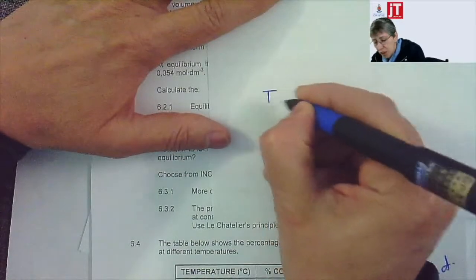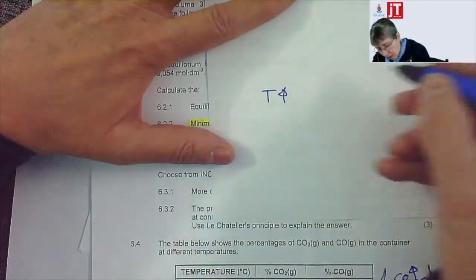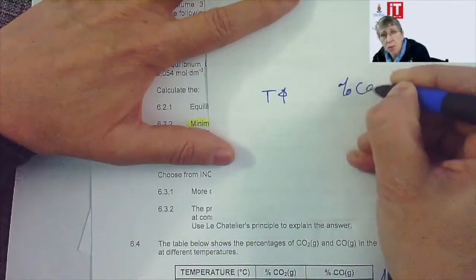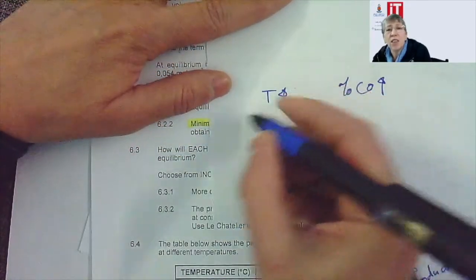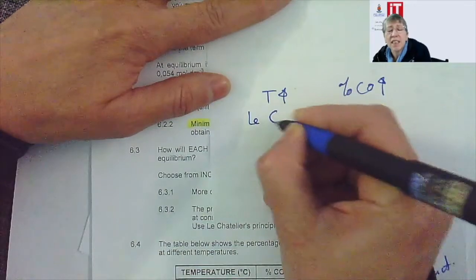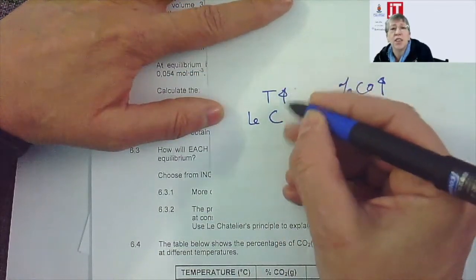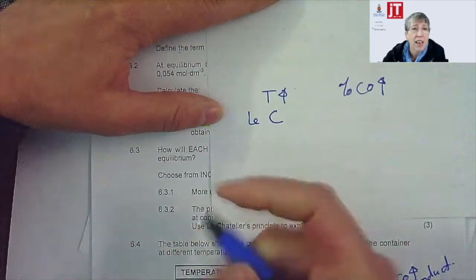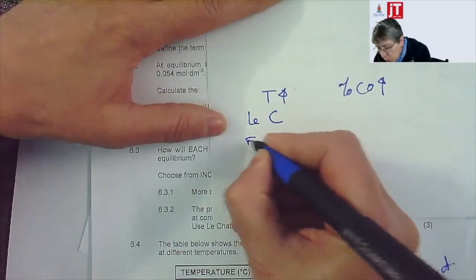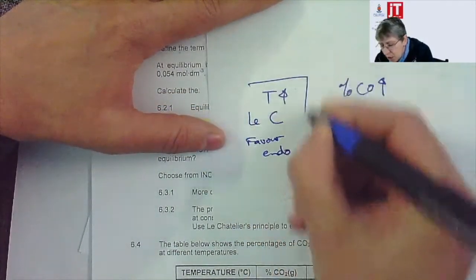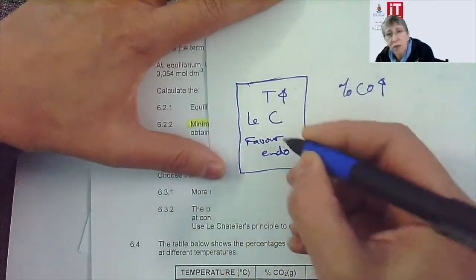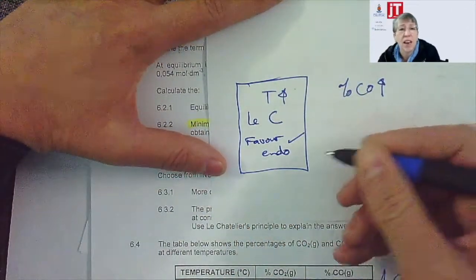So I'm going to say when the temperature increases, the percentage carbon monoxide increases. Now, what do I know about an increase in temperature? Well, according to Le Chatelier, the system will react to decrease the temperature by using the energy. So that means it will favor the endothermic, right? An increase in temperature will always favor the endothermic reaction, right?